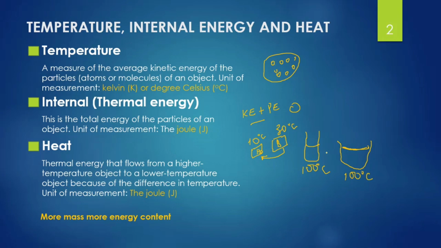So it tells us that when an object has more mass, it has more internal energy. Say this bucket is 10 liters and this glass is just 0.3 liters, but both are at the same temperature. The bucket will burn you more because it has a higher mass, and so it contains more energy.